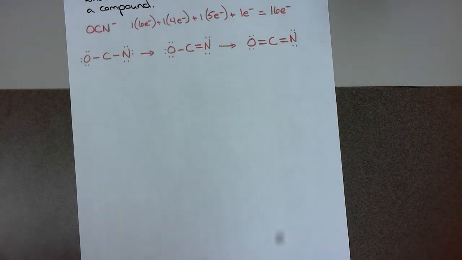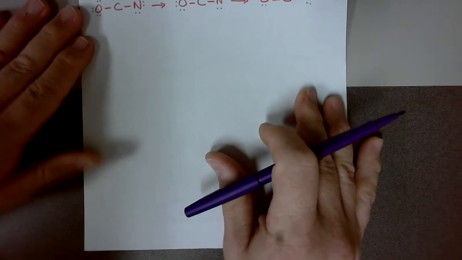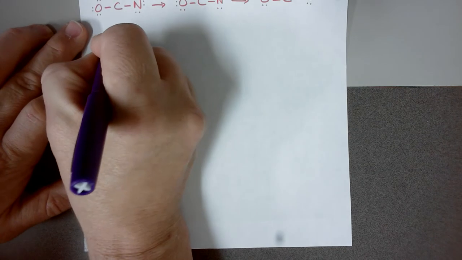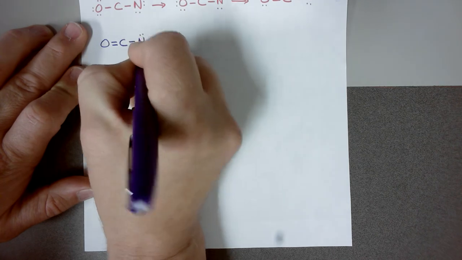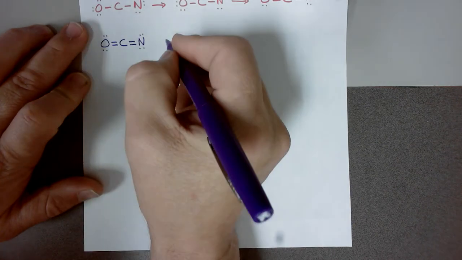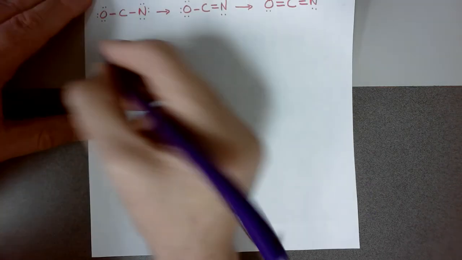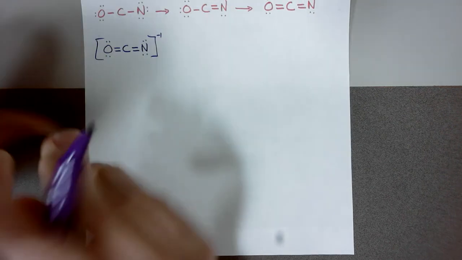So let's look at some of the other possible structures. Well, let's write this one down first. This is a good one. Double bond carbon, double bond nitrogen. But we can also have this one. This is a possible structure. By the way, I forgot to put my bracket.